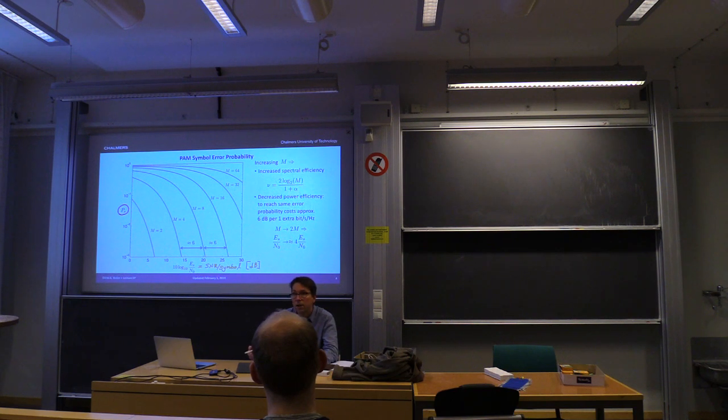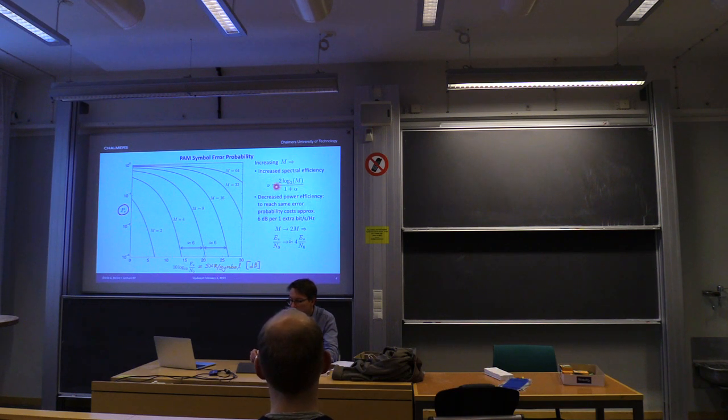And alpha is the factor that determines the excess bandwidth, the extra bandwidth we need in order to support ISI-free transmission over the medium. Okay, so we assume that all of these schemes use maybe a root raised cosine Nyquist pulse or some other Nyquist pulse.